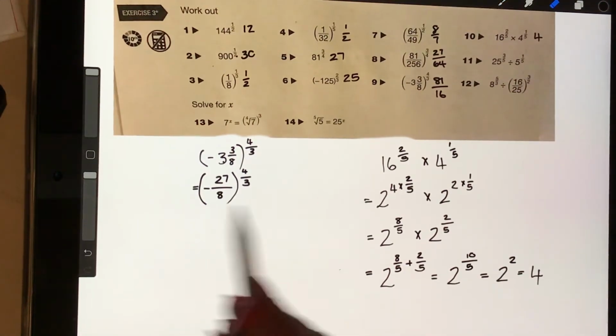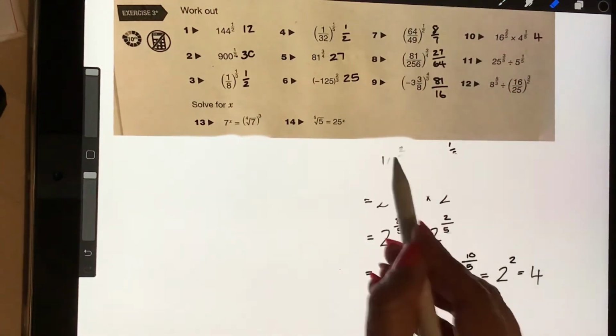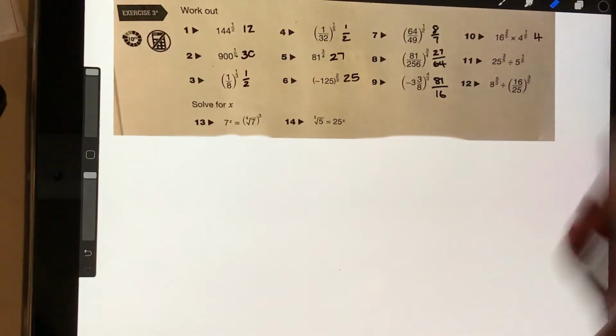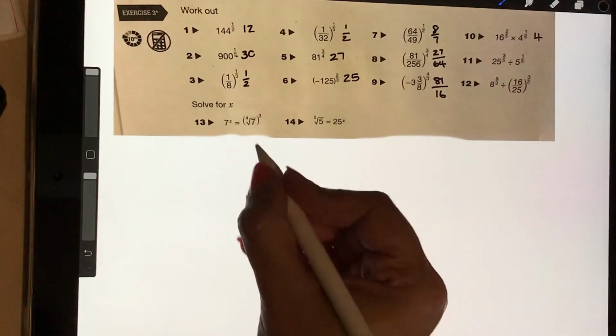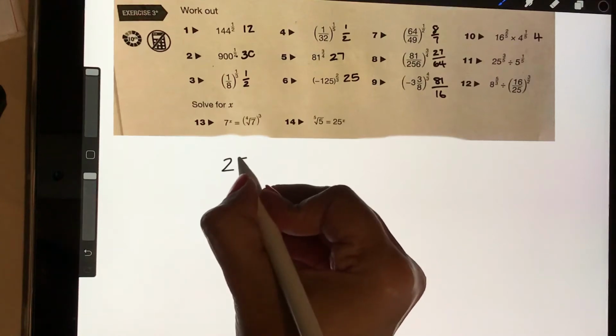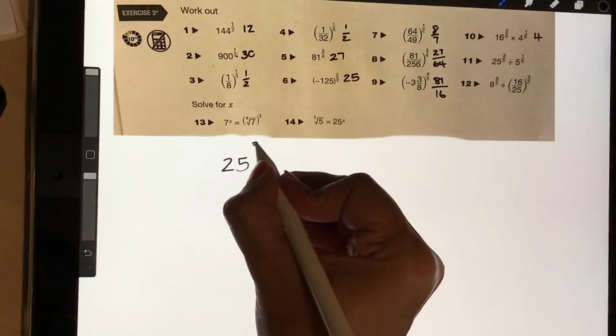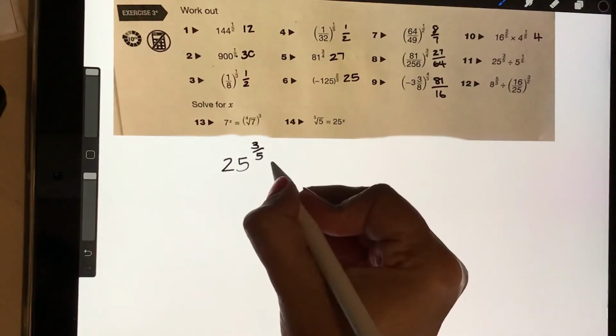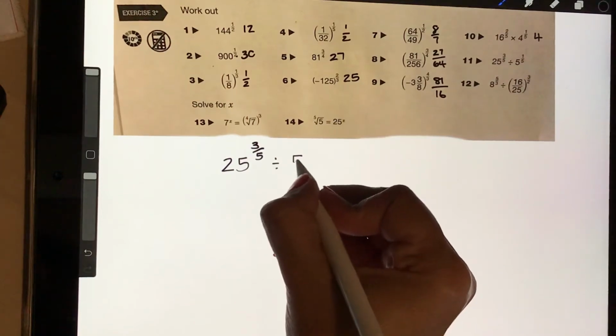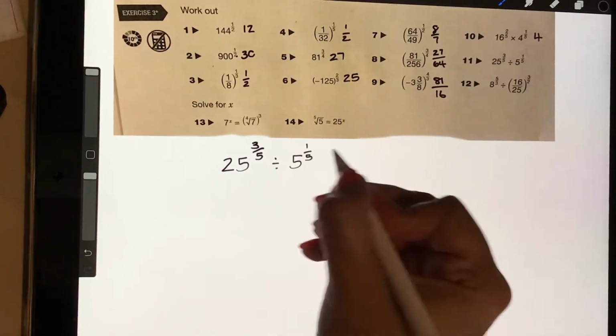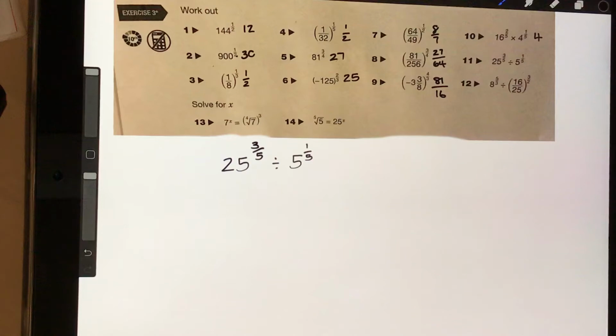Right, let's move on to number 11. Number 11 is 25 to the power of 3 over 5 divided by 5 to the power of a fifth.